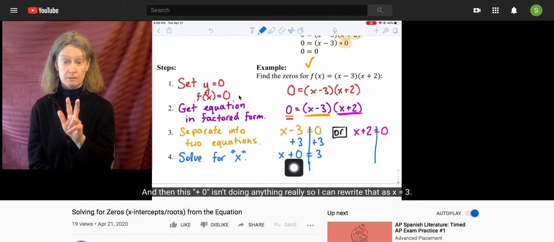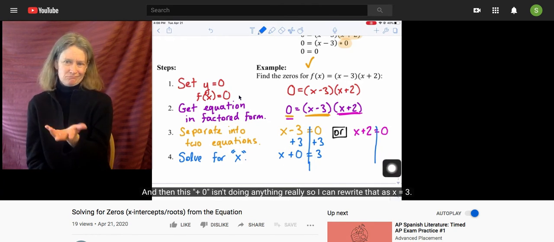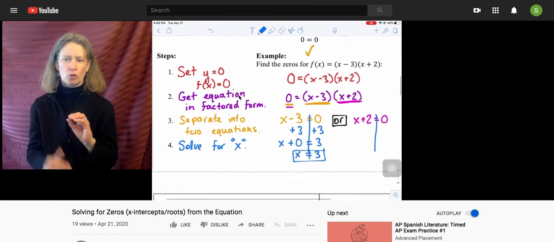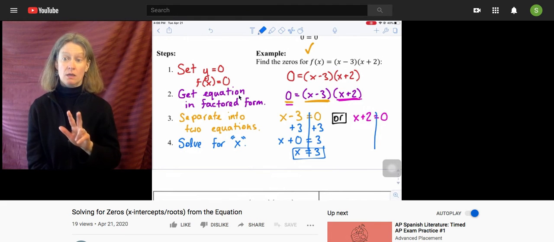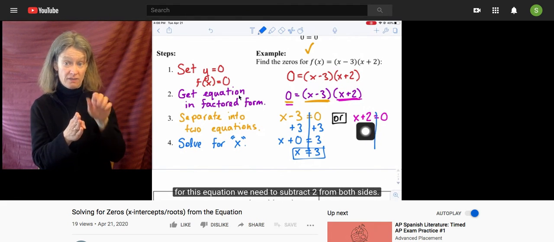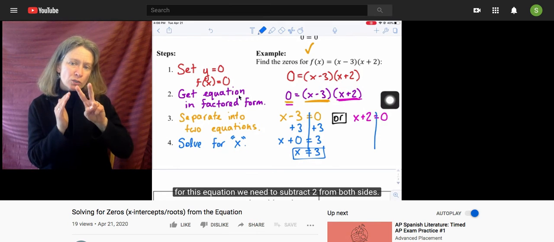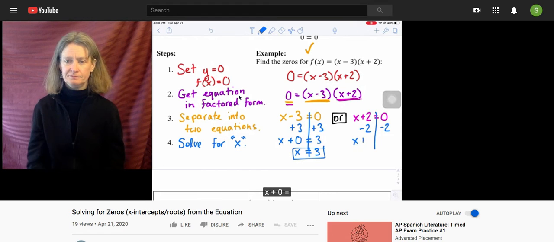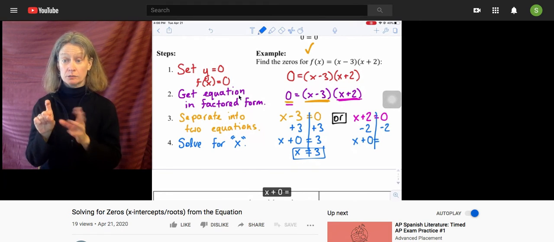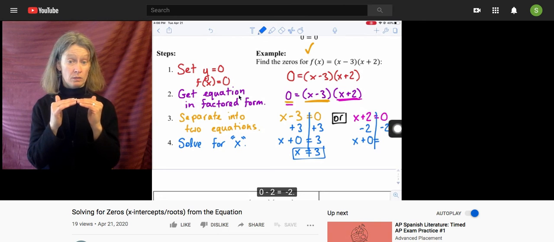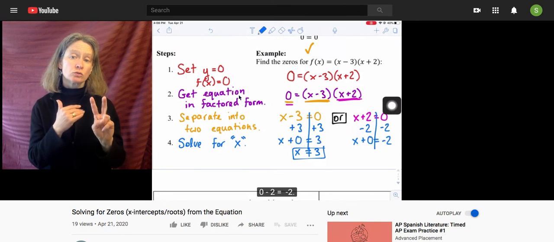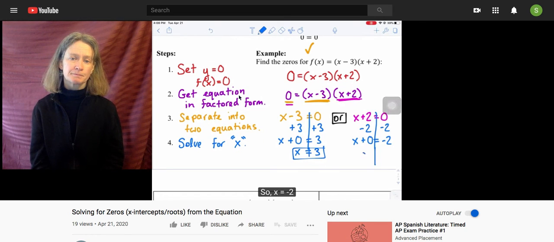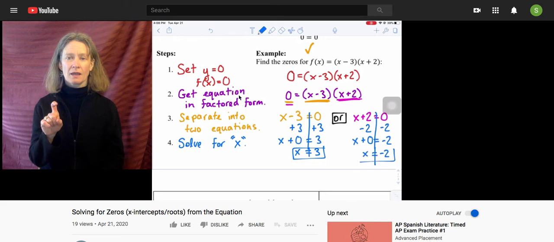And then this plus 0 isn't doing anything really, so I can rewrite that as x equals 3. Or, for this equation, we need to subtract 2 from both sides. X plus 0 equals 0 minus 2 is negative 2. So x equals negative 2.